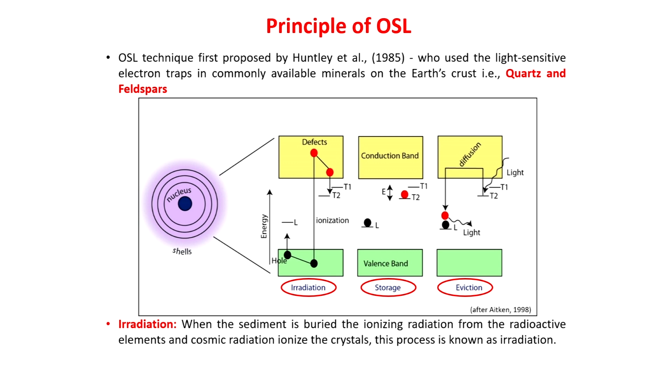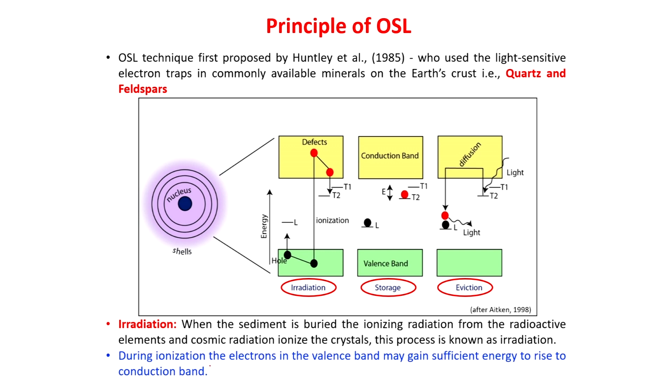So, irradiation: when the sediment is buried, the ionizing radiation from the radioactive elements, the alpha, beta and gamma, and the elements we are talking about are potassium, uranium, thorium, and the cosmic radiation ionize the crystal. This process is known as irradiation. So, this is the initial process.